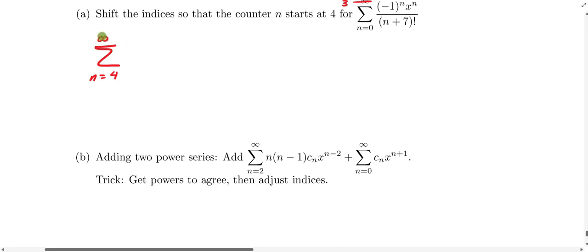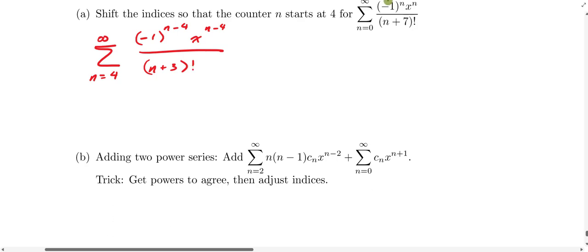But because we've got an infinite series here, it'll still be infinity. So, as I said, you give yourself what you want for the index, and then you compensate by now subtracting 4 inside here. So that would just give us n plus 3.